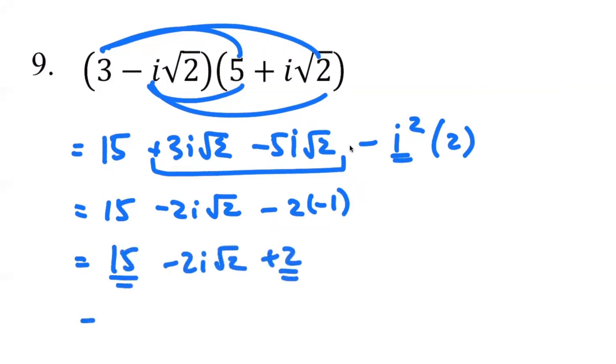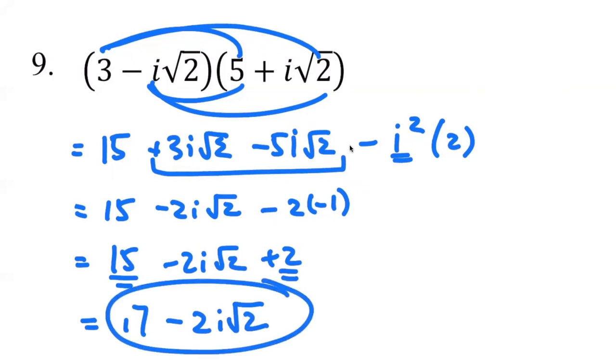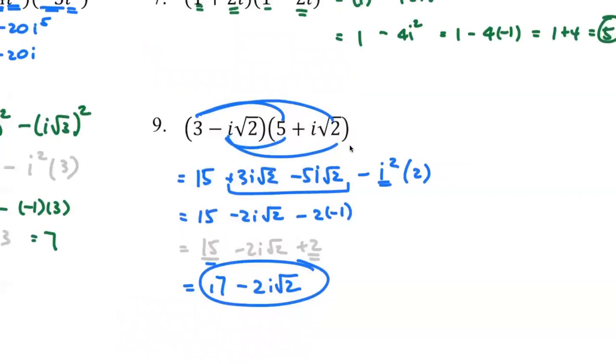So 15 plus 2 is 17 minus 2i root 2. So that's our final answer. I probably would not write this one as part of my writing if I do it normally, because it's just me trying to show you the thought process. But usually let's skip that part. So that's number 9.